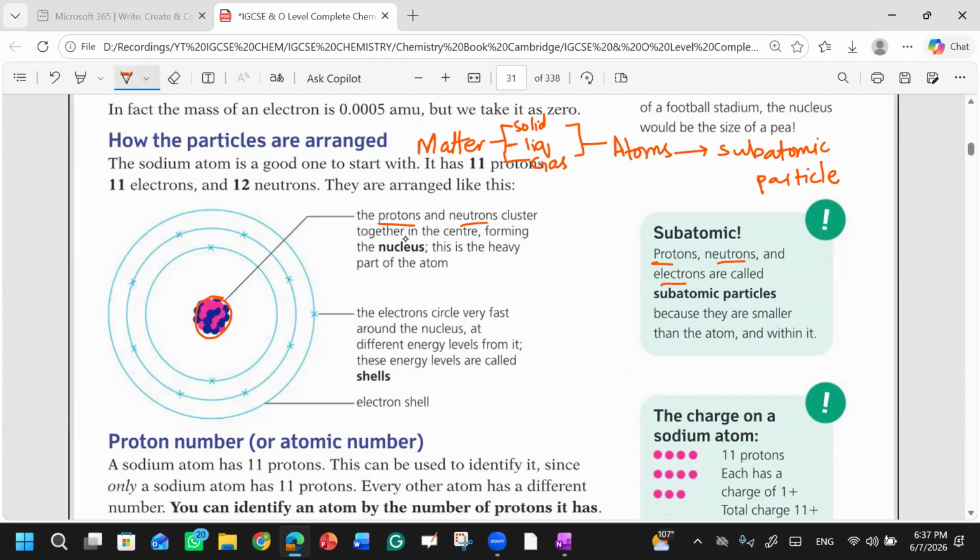In a similar way, when we talk about atoms, we say that the nucleus of the atom is made up of protons and neutrons, right? It has protons and neutrons, and the electrons will be residing in the shells. You see the shells, we have different shells over here like this.